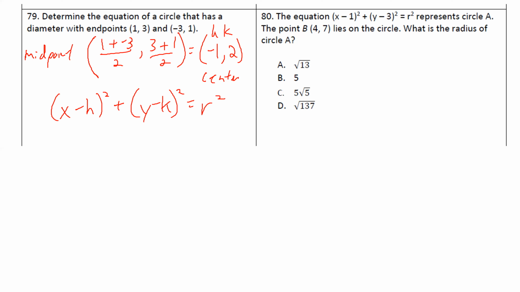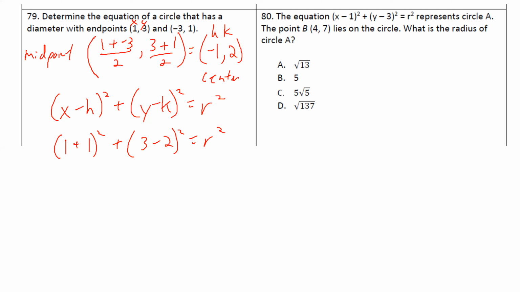We're going to plug in our H and K values and then pick one of the 2 points that they have at the top and use them for X and Y. That way we can solve for R. So I'm going to use the first set since they're both positives. I'm going to plug in 1 for X. I'm going to plug in my -1 for that H value, which becomes +1. I'm going to plug in the Y value of 3. And I'm going to plug in the K value of 2. And that's going to equal R squared.